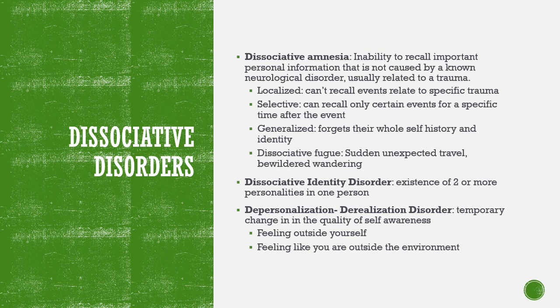Dissociative identity disorder used to be referred to as multiple personality disorder, and this is where two or more personalities exist in one person. Again, dissociation is used as a maladaptive coping mechanism when the person has experienced severe stress and does not want to deal with the stress.